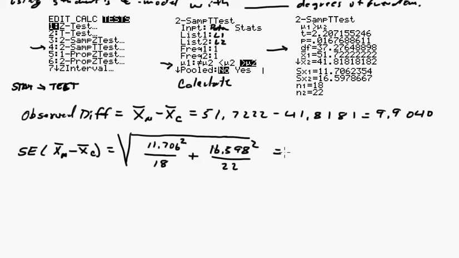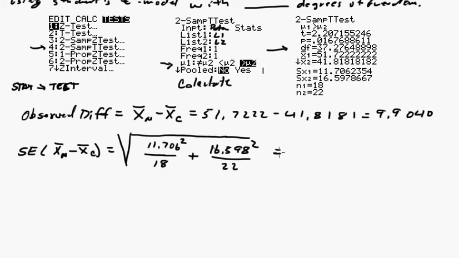So I'm going to clear, and I'm going to say second square root, and just type it in just the way it is. 11.706, hit the squared button, then divide by 18, plus 16.598 squared divided by 22, and then I hit enter.